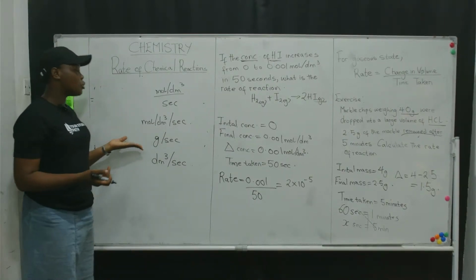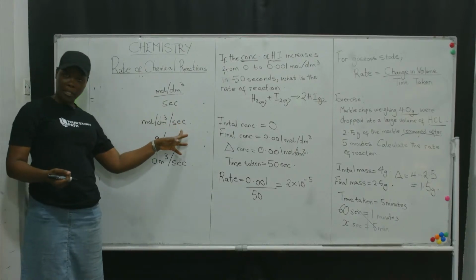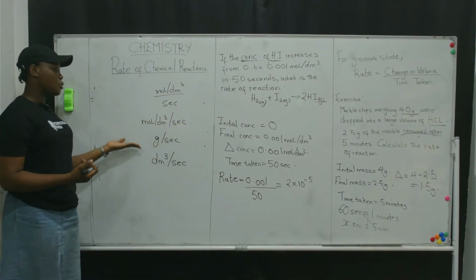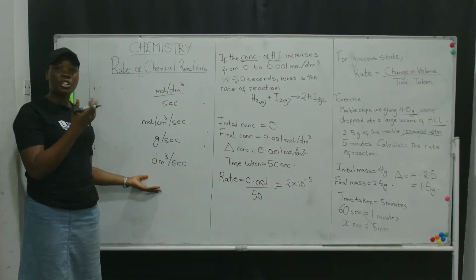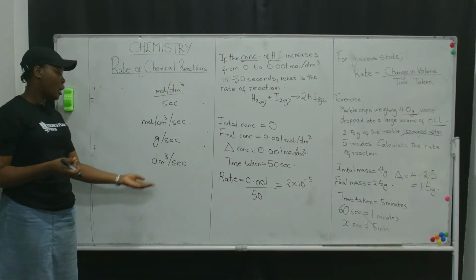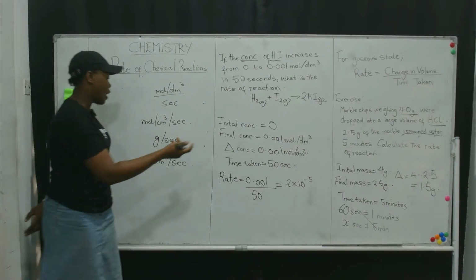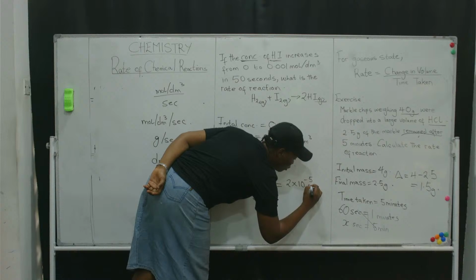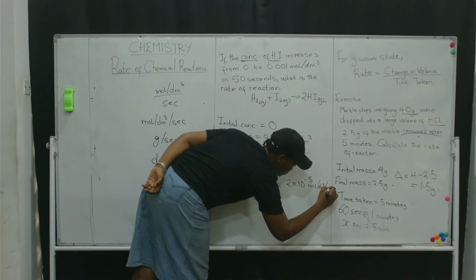If you are given a solution, definitely the concentration will be mole per dm cube and then per second. If it is in mass, it will be in gram or kilogram per second. If it is in gaseous state, that means you are considering volume, and then it will be dm cube per second. So our unit here will be mole per dm cube per second.